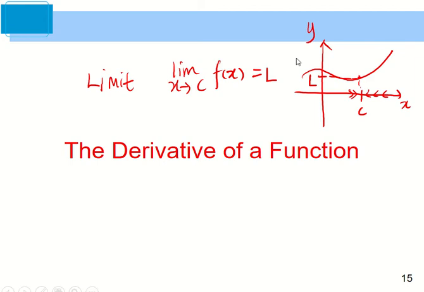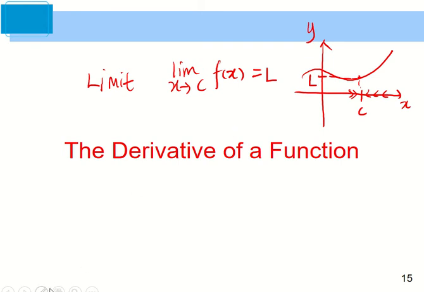Now, for this week, we are going to continue with differentiation. We are going to discuss differentiation for about 2 to 3 weeks. We are going to learn the techniques of differentiation and the application of it.